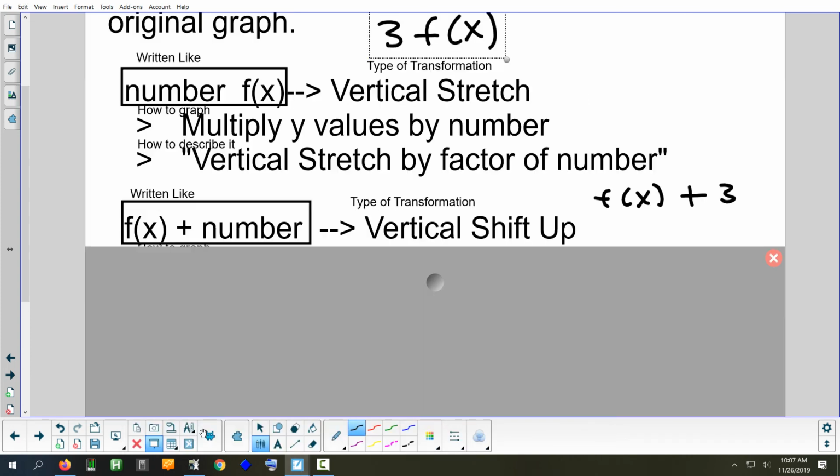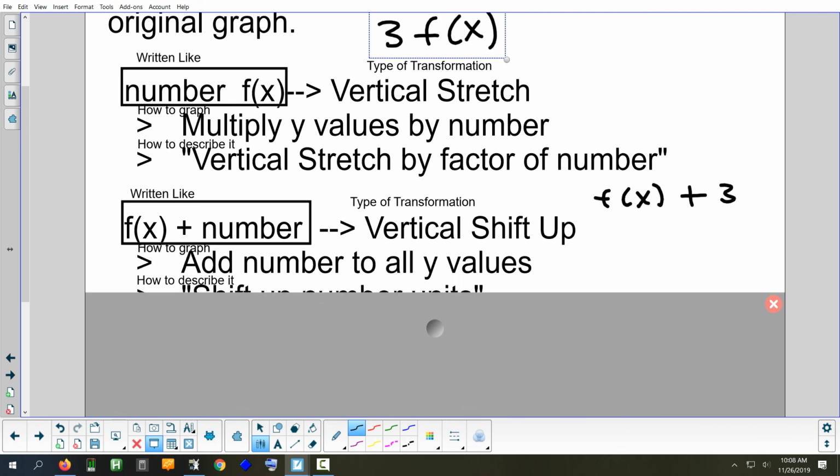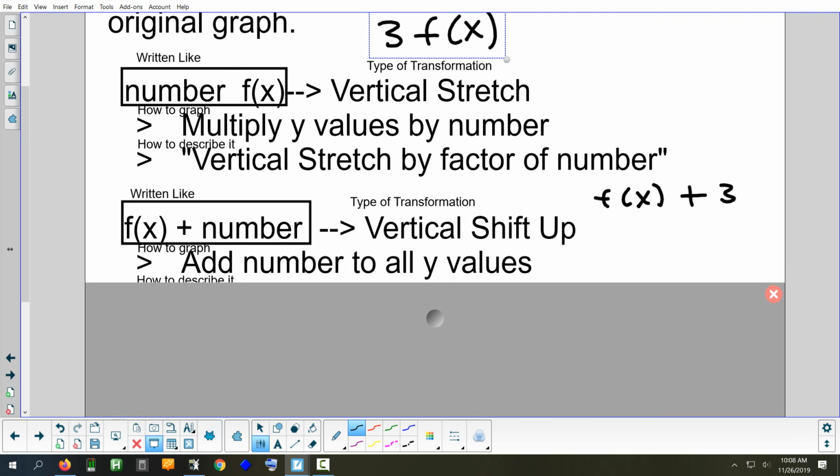Okay? That's what we learned yesterday. Now, if you plus a number, it's going to move it up. What happens if you minus a number? It'll go down. Down. I'm going to write them separate. So they're really the same thing, but I'm just going to write one for plus, one for minus. What does it mean if you shift something up?